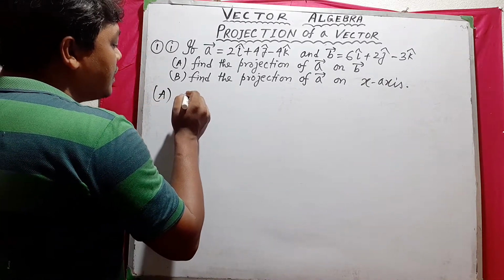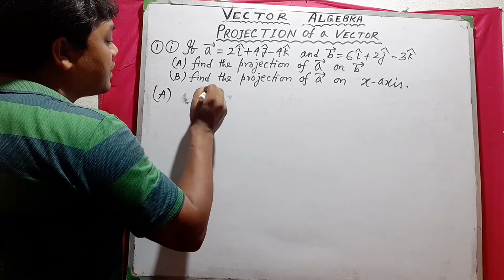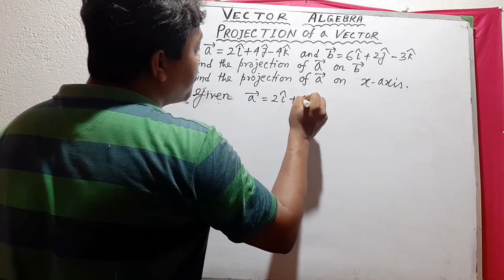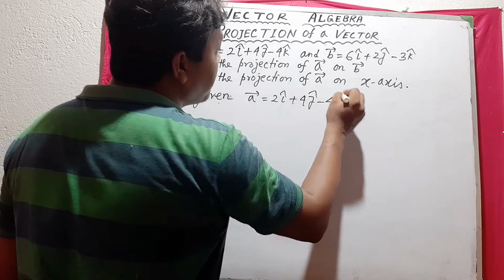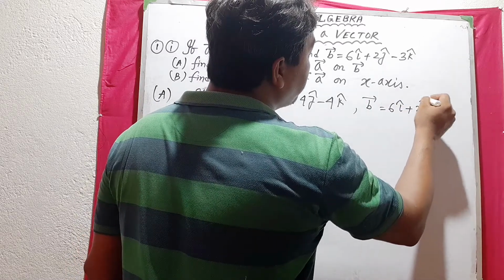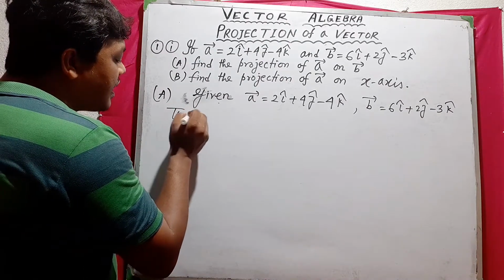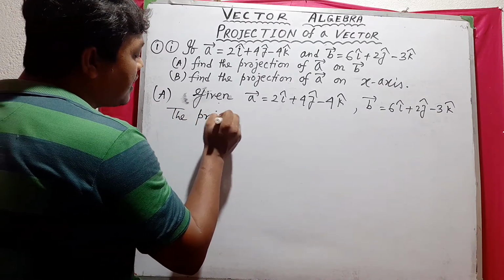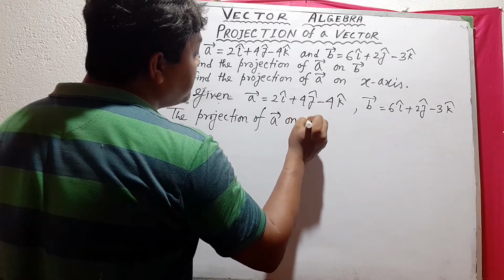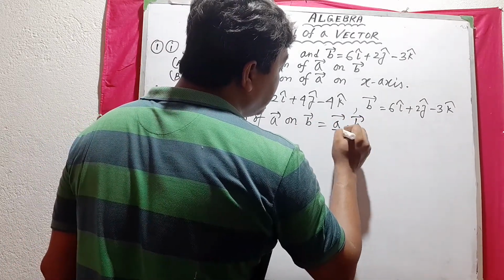Okay, the first problem is the projection of A. Solution: here let, given, A vector equals 2i cap plus 4j cap minus 4k cap, and B vector equals 6i cap plus 2j cap minus 3k cap. Now the projection of A vector on B vector is a dot b by mod b.